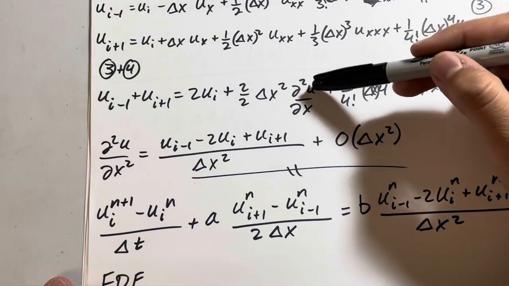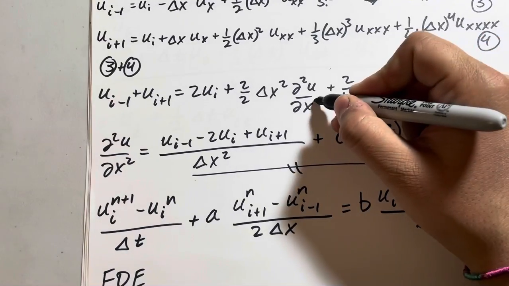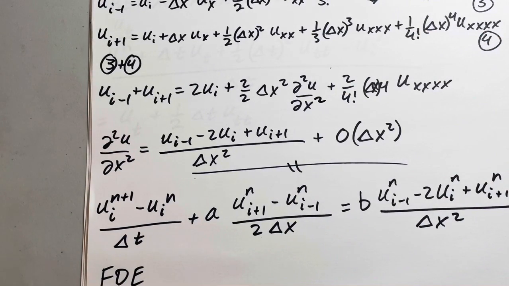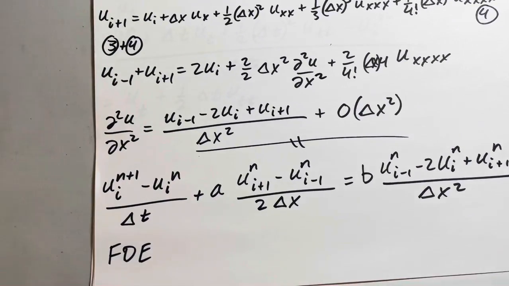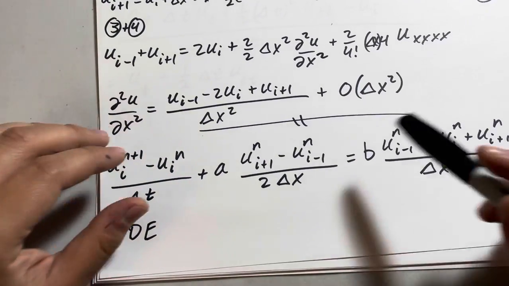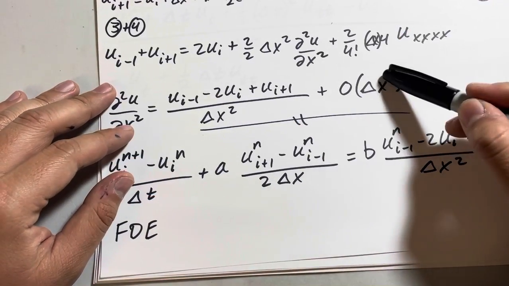And then we need to solve for the second derivative of u with respect to x. And then things cancel out once again, left here, second order accuracy.